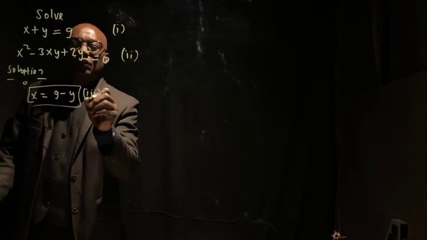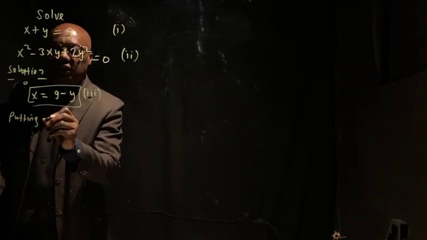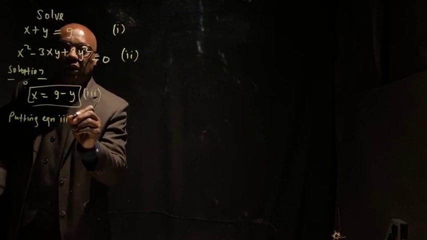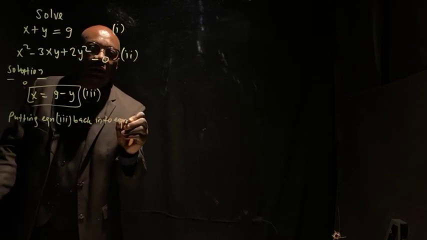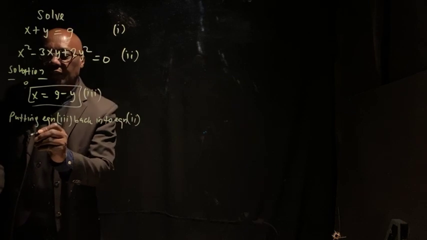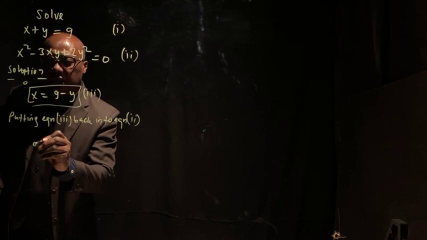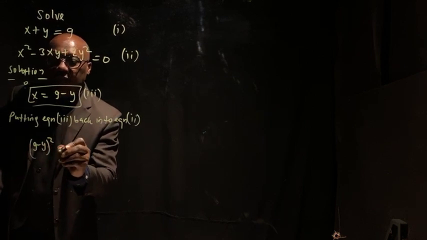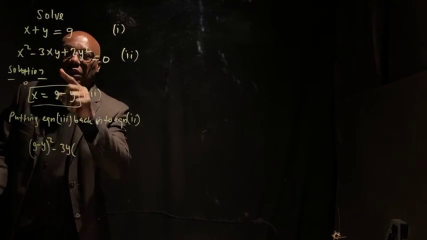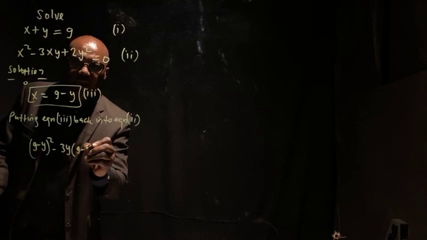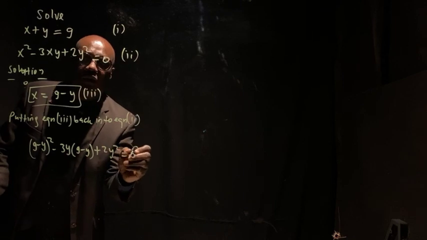Putting equation 3 back into equation 2 will give us x squared, but we see x is 9 minus y, so 9 minus y squared, minus 3y times x, where x is 9 minus y, plus 2y squared equals 0.